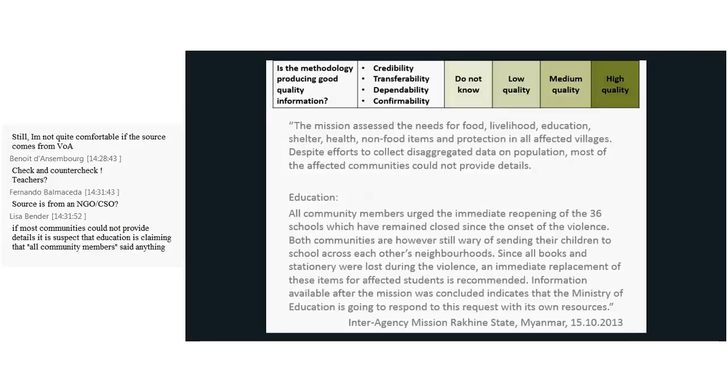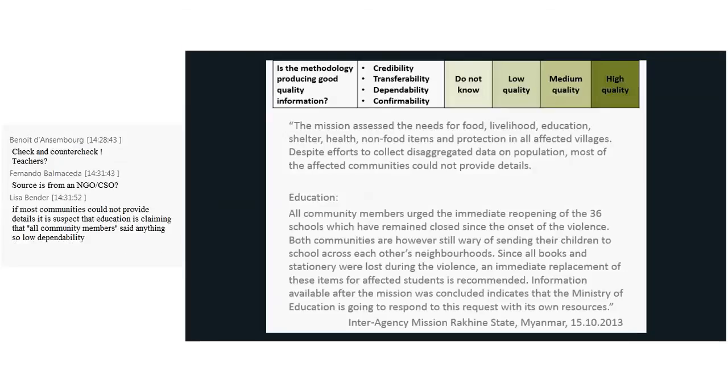If communities could not provide details, it is suspect that education is claiming all community members. Yes, it's a bit. I mean, maybe they only asked 3 people, and then they said that's all. Or maybe they asked 1 person who said yes. Everyone says this. And so, yeah, that's Lisa flagging from her point of view. Then, therefore, we're not really sure the extent of the methodology, who was consulted.